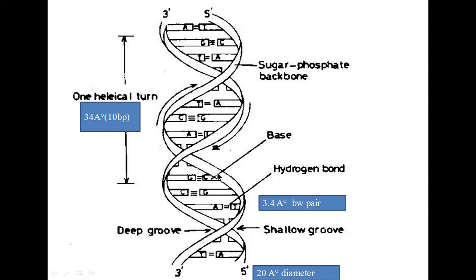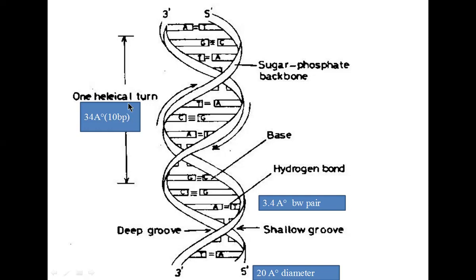When coming to the dimensions, the double helix has a diameter of about 20 angstrom. That is 2 nanometers. And each complete turn of the helix is about 34 angstrom, that is 3.4 nanometers long, and contains approximately 10 base pairs per helical turn.